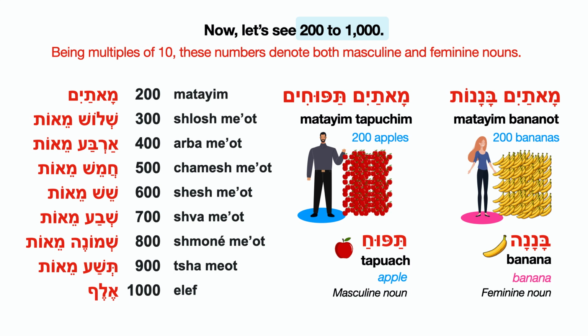Now let's see 200 to 1000. Being multiples of 10, as always, these numbers denote both masculine and feminine nouns.